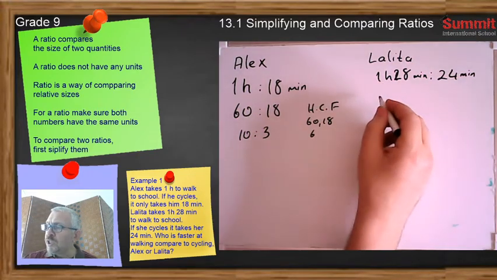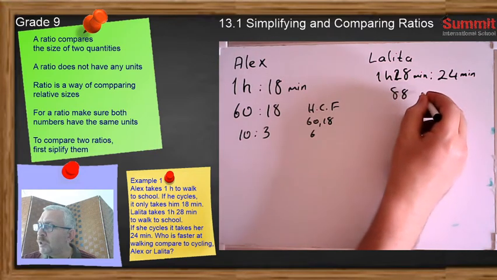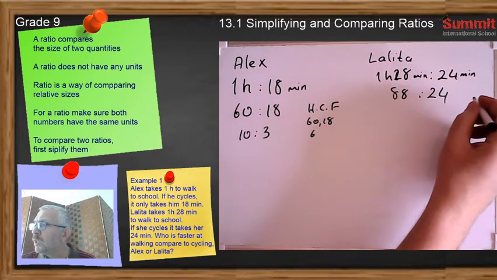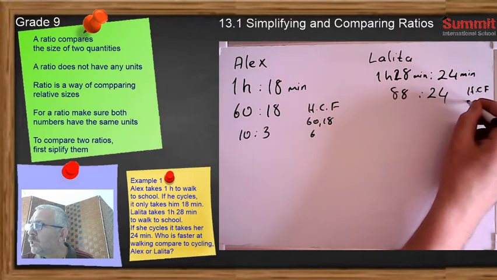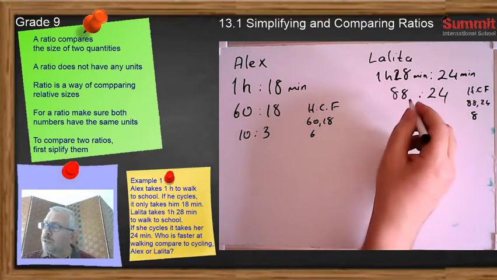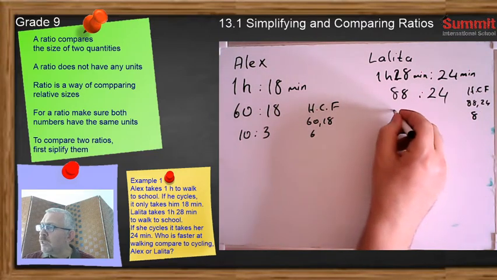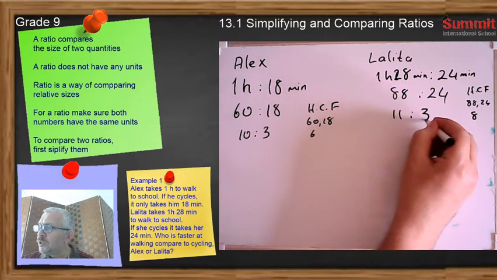Now let's change this one to minutes together. It will be 88 minutes to 24 minutes. Let's find the highest common factor of 88 and 24. It will be 8. Dividing 88 by 8, it will be 11. 24 divided by 8 is 3.